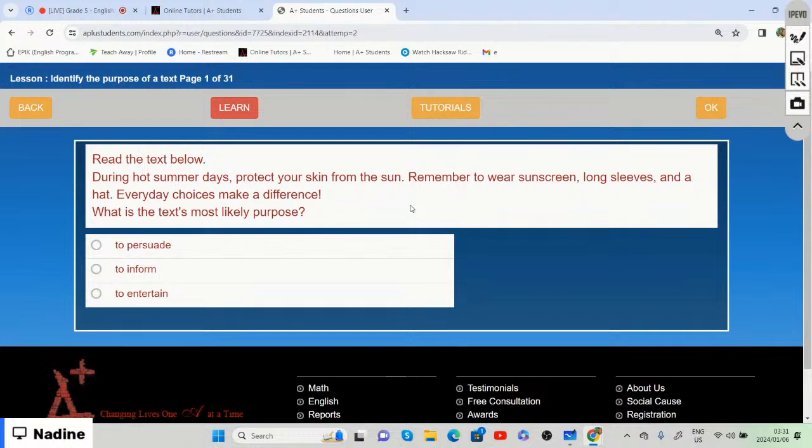Are they trying to persuade us to wear sunscreen or to stay out of the sun or to protect ourselves? Are they informing us about something, or are they trying to entertain us?